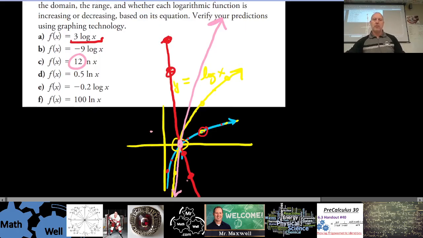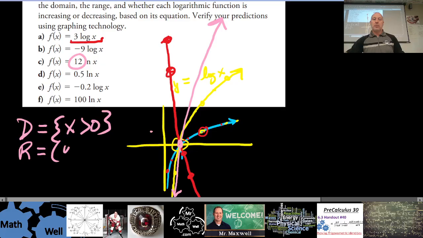Okay? And again, the exact shape is determined a little bit by that base, but you don't have to worry about that. If we're talking about characteristics, we want to talk about domain. So domain is the same as a regular one. So it's x greater than 0. The range is y is an element of all real numbers.